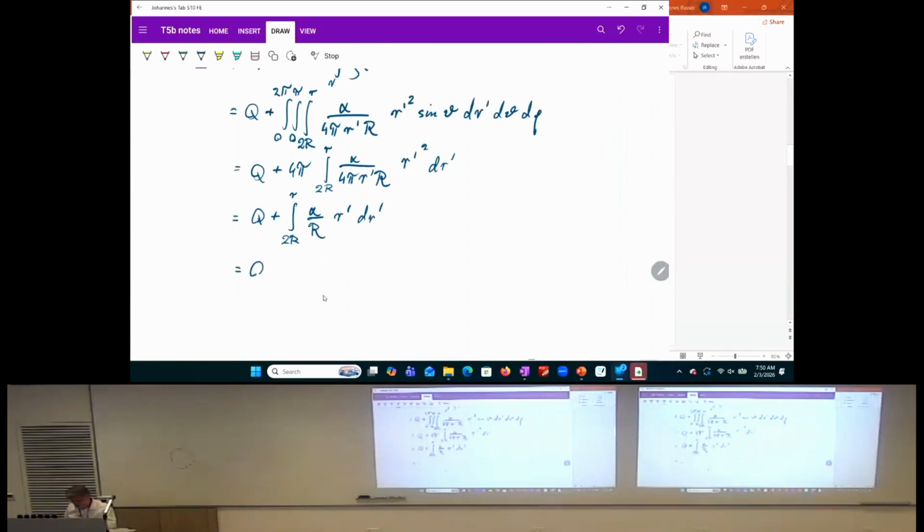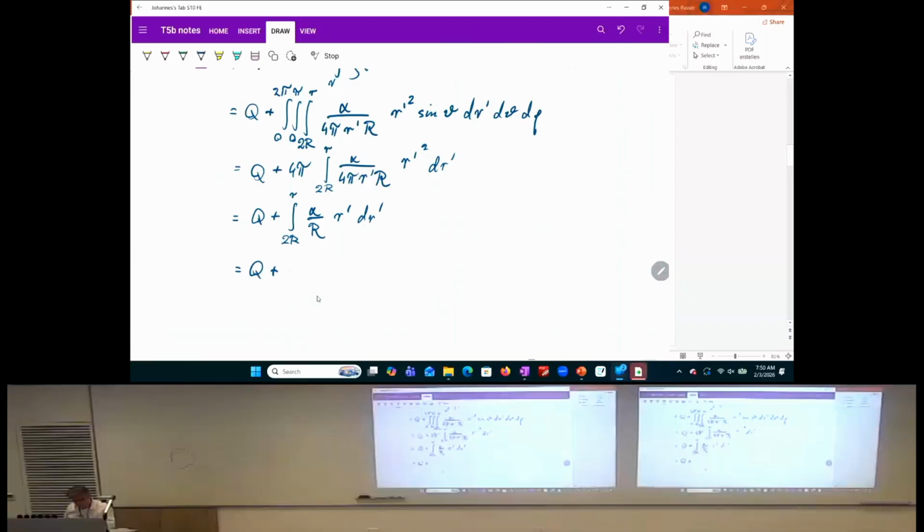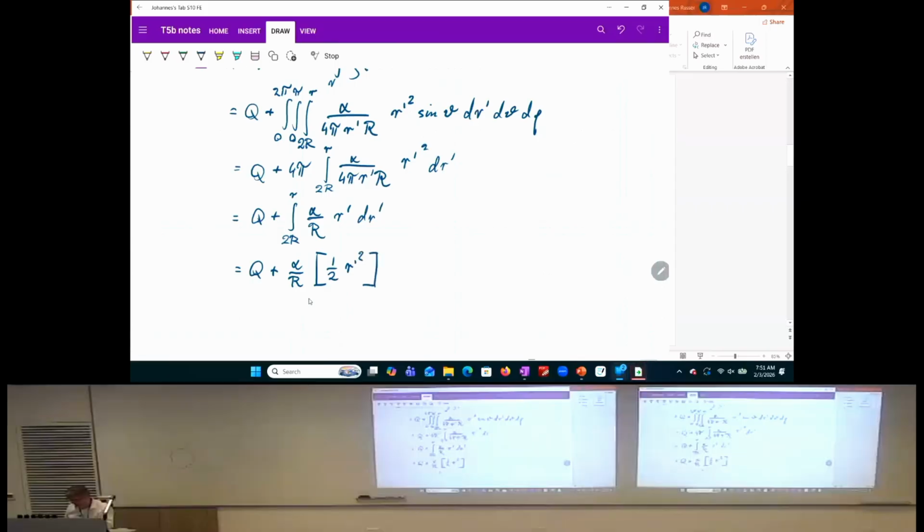This is Q plus, alpha and R are actually not functions of the running variable, so we can also pull them out, alpha over R. And what we integrate is just r prime, and that would be 1/2 r prime squared. And there we enter the integration boundaries. It starts at 2 capital R and it runs to the small r.